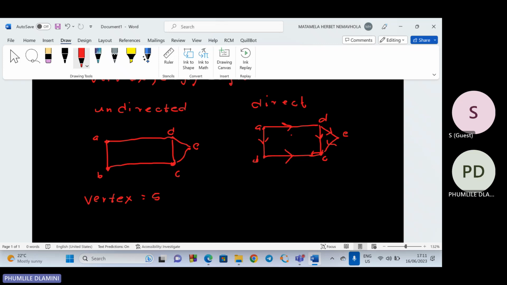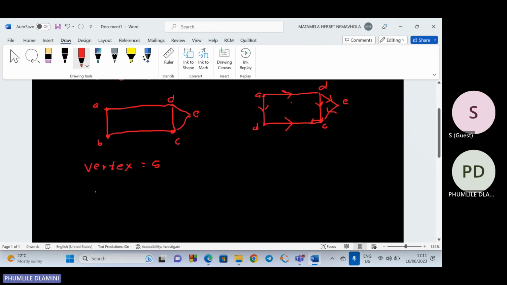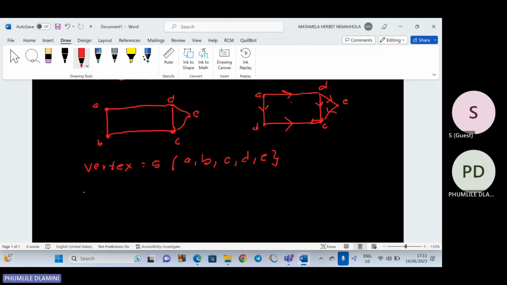The vertices of this graph are A, B, C, D, and E. Now we are talking about degree.